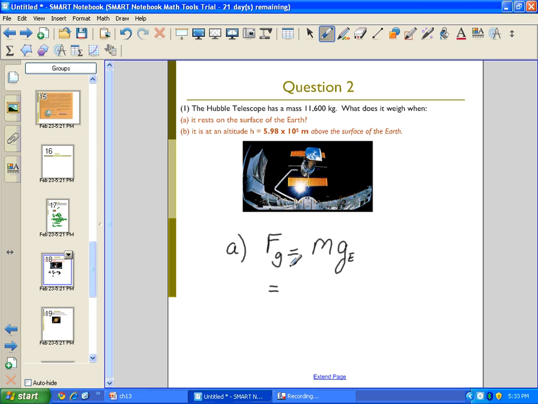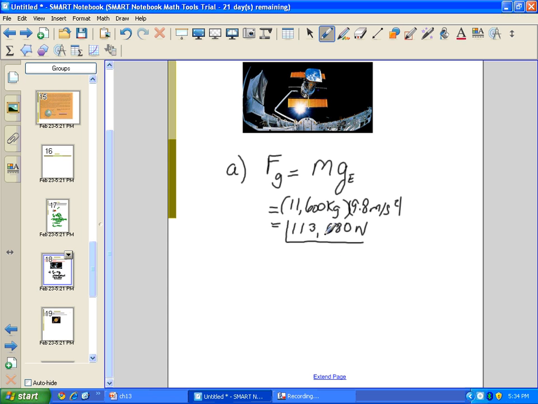When we substitute 11,600 kilograms for the mass, and we multiply by 9.8 meters per second squared, we get the weight of Hubble as, and here I won't round so that we can look at the full number, 113,680 newtons. Of course, if we had to round this to 3 significant digits, it would be 114,000 newtons.